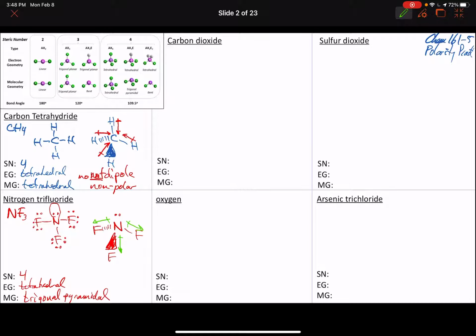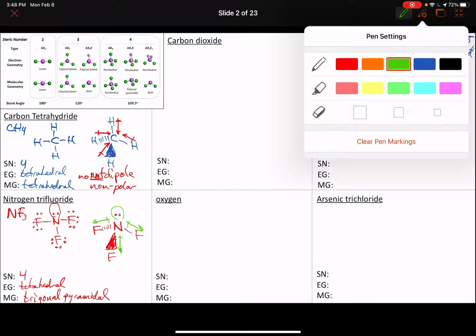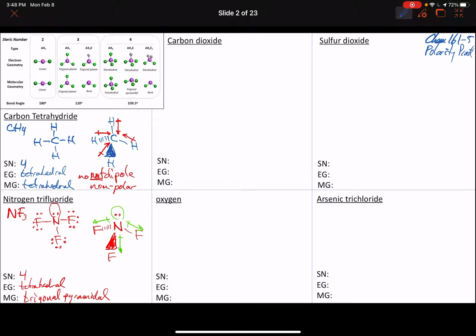And with threefold of those pulling on the bottom of the molecule, with a small amount of delta minus due to the lone pair, we can deduce that the overall effect of the fluorines is going to outweigh the effect of the lone pair, and we can draw a net vector here, pushing right through the middle of the molecule, pointing straight down through the center of the three-point base of this pyramid.